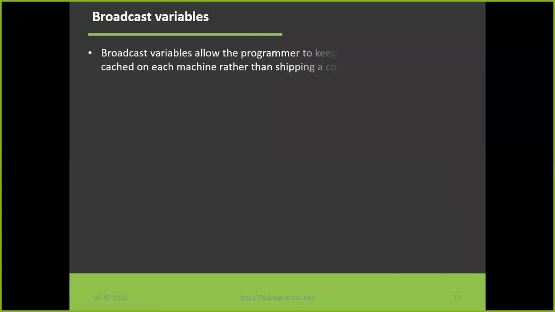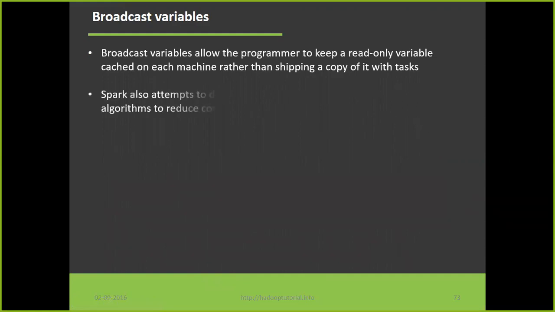Now, that's the advantage. So the broadcast variables, you can only send once for a node. Broadcast variables allow the programmer to keep a read-only variable cached on each machine rather than shipping a copy of it with each task. I hope this line is clear now.